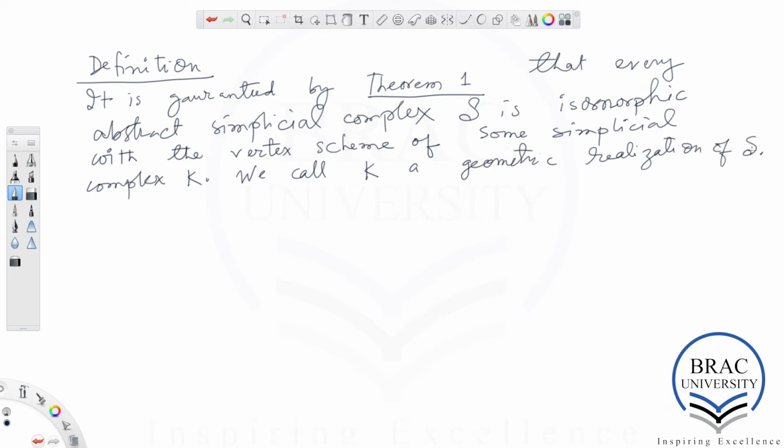So K is the geometric simplex whose vertex scheme is isomorphic to the abstract simplicial complex S that one starts with.